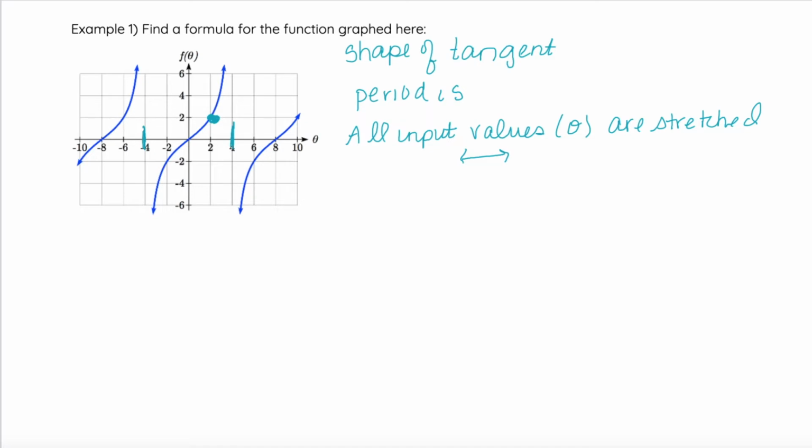We can state that our b value is equal to, since we repeat every pi instead of every 2 pi, pi over our period. So this is going to be pi over 8, since our period is 8.